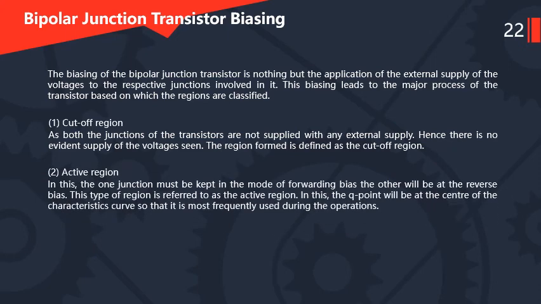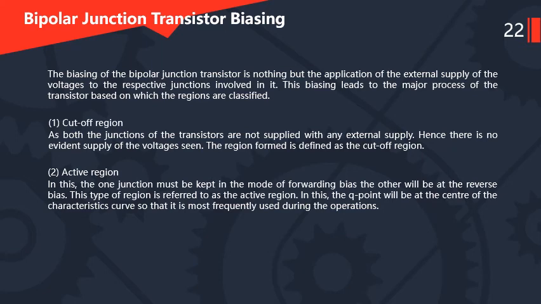The second one is called the active region. In this, one junction must be kept in forward bias and the other in reverse bias. This type of region is referred to as the active region.